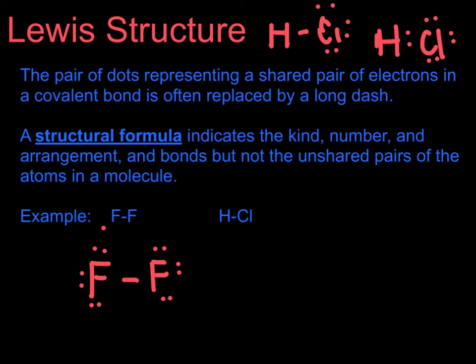But in the structural formula, we do not show those unshared pairs. Likewise, in the hydrogen and chlorine molecule here, the structural formula does not show those extra electrons around the chlorine atom. The structural formula is only showing the electrons that are bonded together between the two atoms.